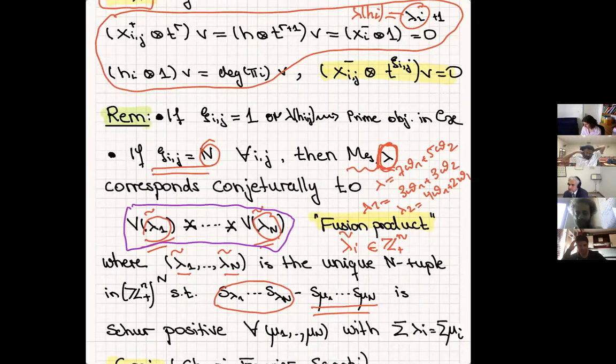I mean, suppose you sum up two weights, is there some connection between the module corresponding to lambda plus mu and the modules corresponding to lambda and to mu, assuming that this capital N is fixed? So you would like to see some kind of tensor product embedding, something like this? Yeah, but I haven't thought about it. It would be nice to see whether somehow it embeds, or if it does not, how it is. Yeah, I understand.